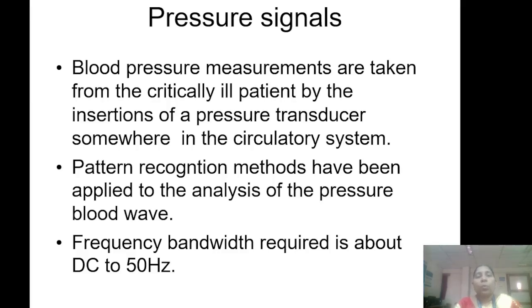In case of a direct way of measuring blood pressure, particularly for critically ill patients, we insert a pressure transducer into the heart and then measure the pressure signal. That way we can monitor the movement of blood flow. This pressure signal is considered a kind of mechanical signal.